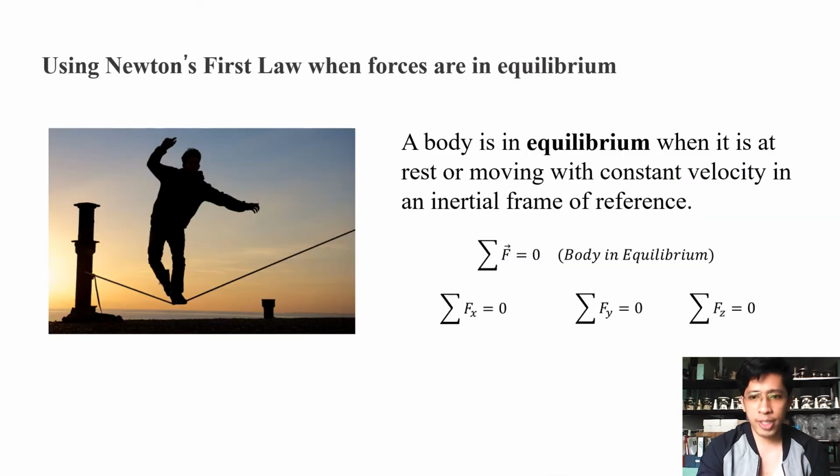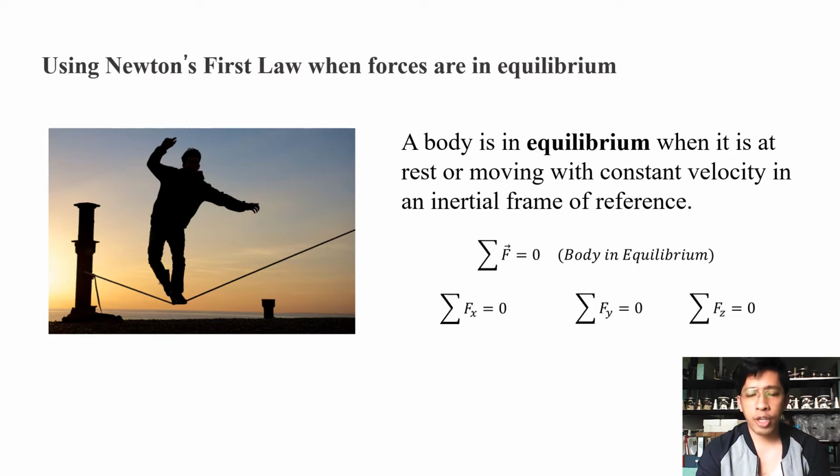So, by the way, what's equilibrium? When we say a body is in equilibrium, it is when the body is at rest or moving with constant velocity in an inertial frame of reference. So systems or bodies in equilibrium can be mathematically described by Newton's first law, that is, the sum of all the net external force F is equal to 0.